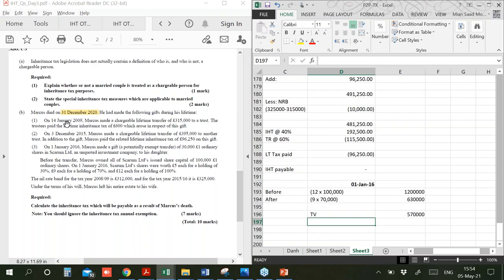The January 2009 one that has used 315, and the 10,000 left was also used by the transfer that we made on 31st December 2015. Is there any, guys?